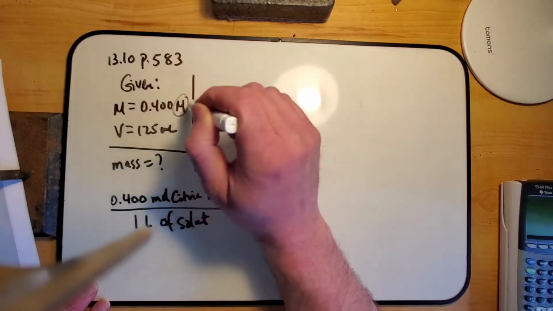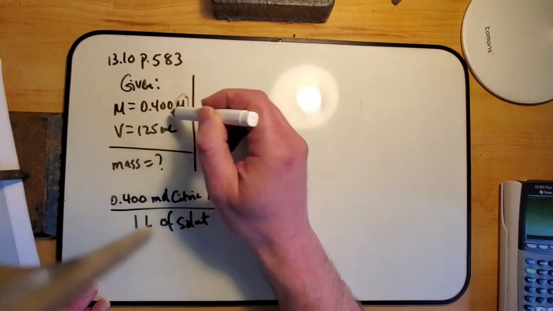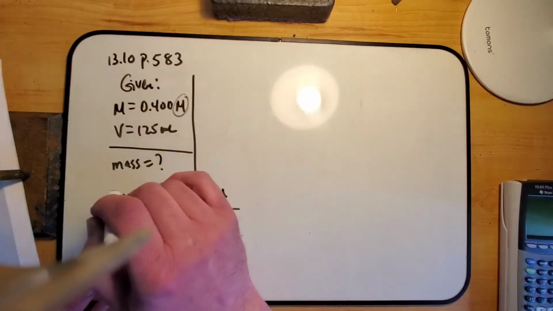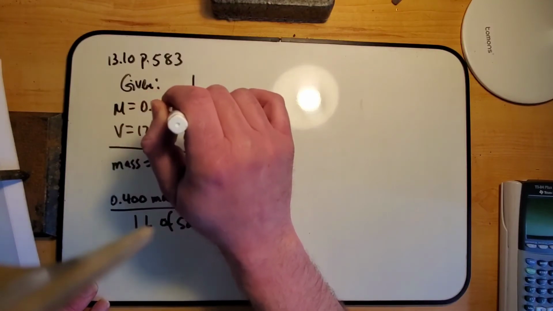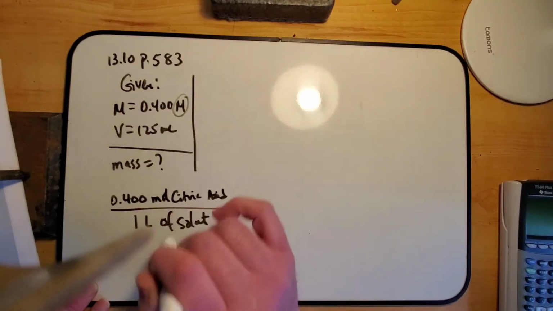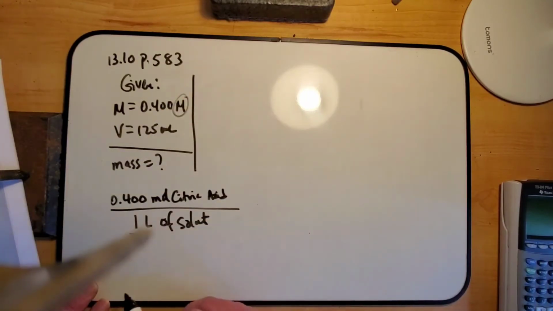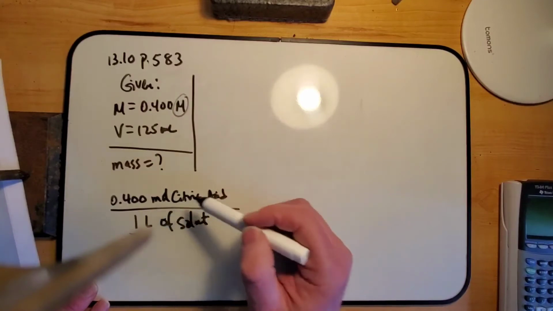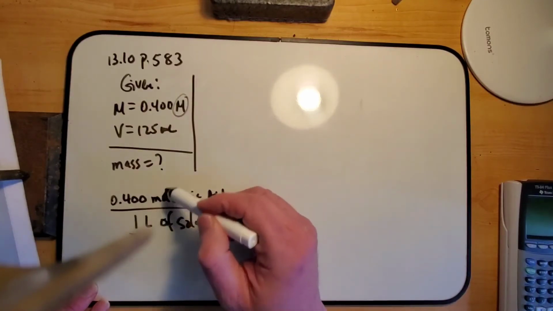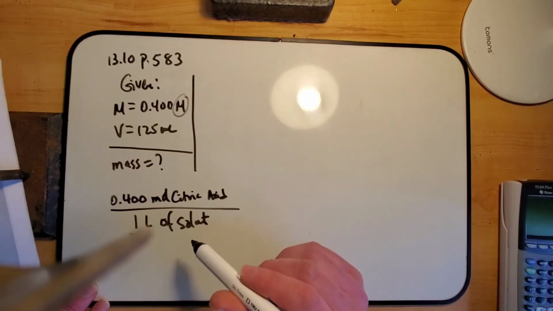So when you have a molarity number, you can always express it as the number of moles of solute divided by 1 liter of the solution. And this is nothing else but a conversion factor, because you have two units, one in the numerator and the other in the denominator. So that could be used as a conversion factor here.